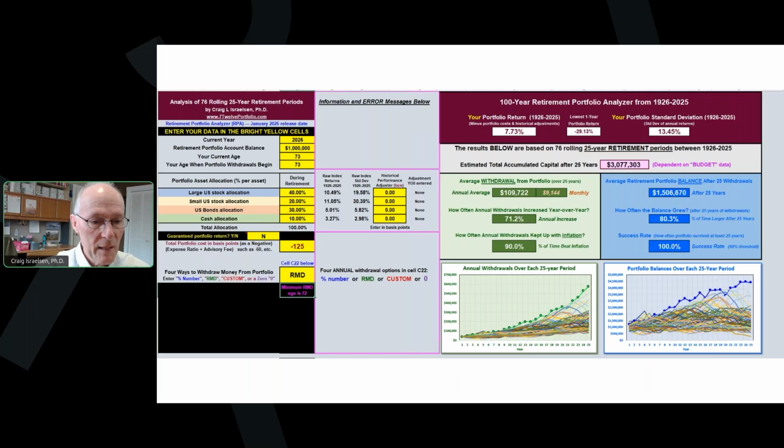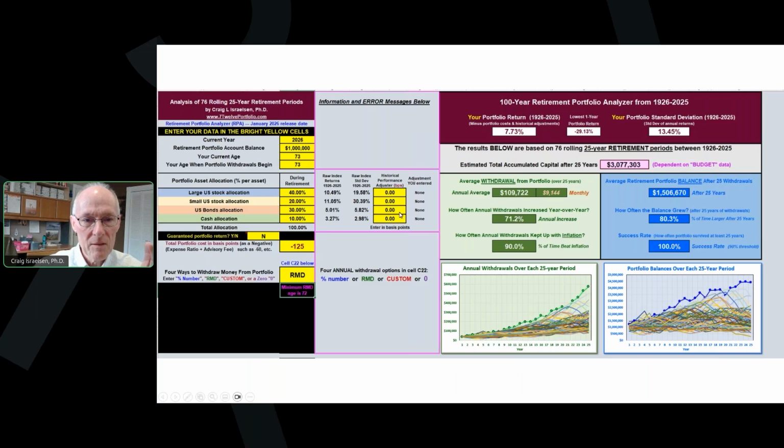There's a 30% bond allocation and a 10% cash allocation. Here's the total cost of 125 basis points. Obviously, we can adjust that, but I'm trying to synchronize this screen with what you've already seen on the previous slides. And the withdrawal method is the RMD right here. Okay. So again, everything in bright yellow is adjustable, is changeable by the user.